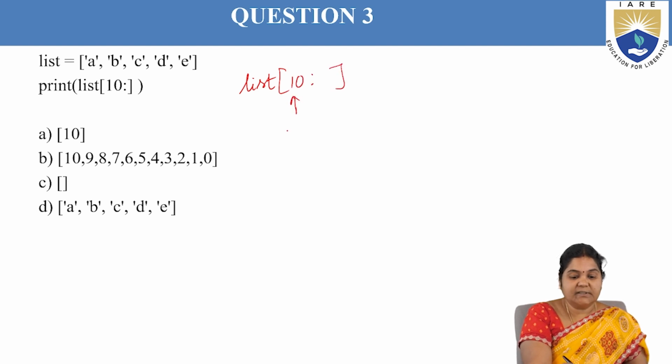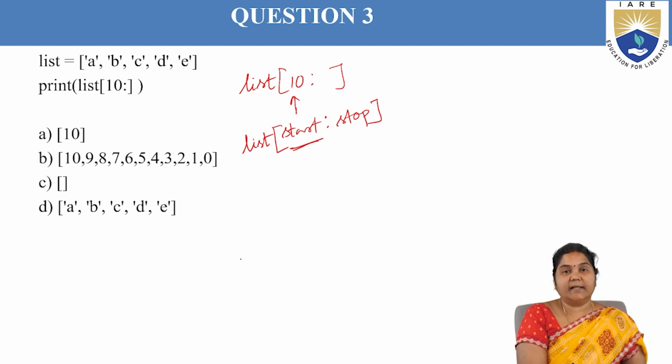So this is start index colon stop index. We write the indexing like this. In this list, the start index is given as 10, and the end index is not given. That means from the 10th character onwards till the end of the list. If stop is not given, you have to assume till the end of the list.